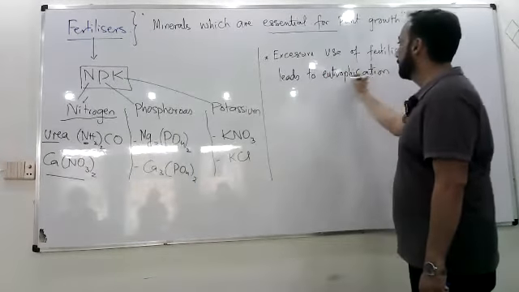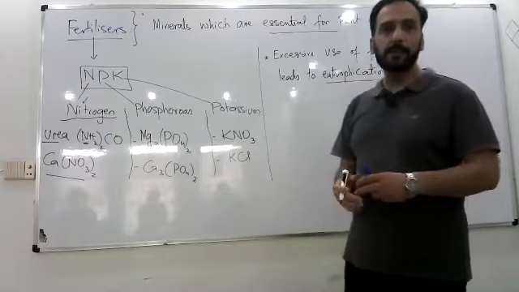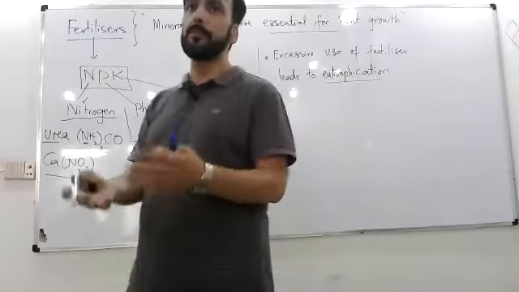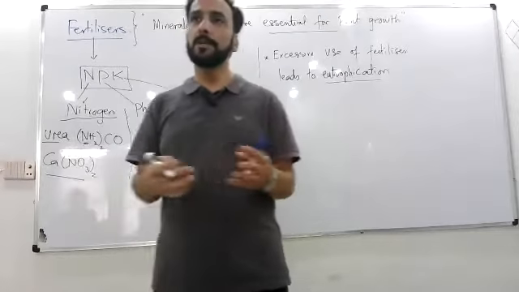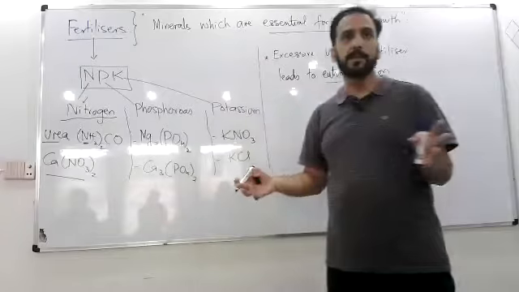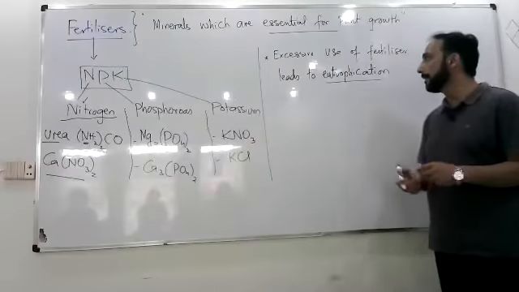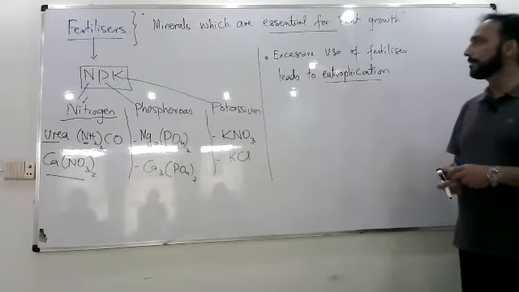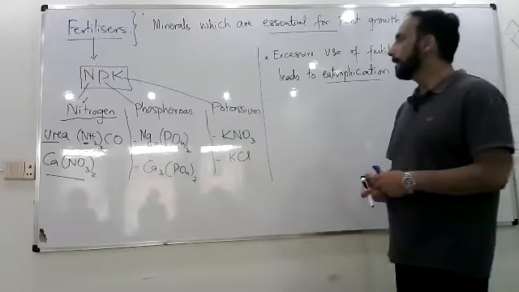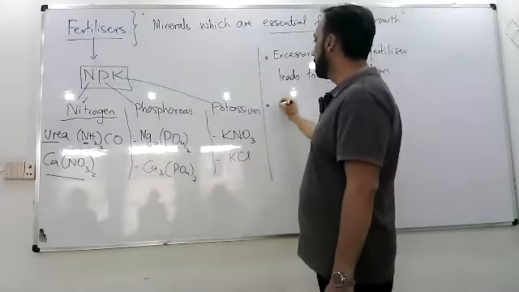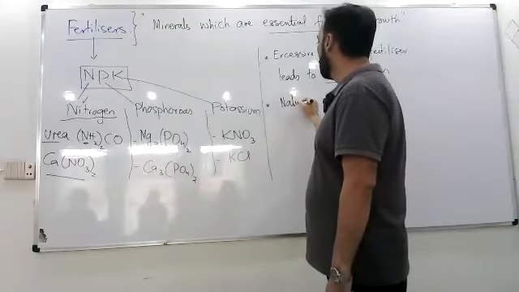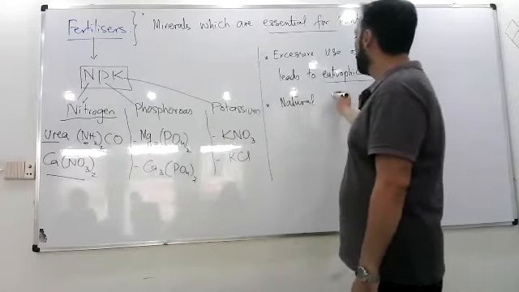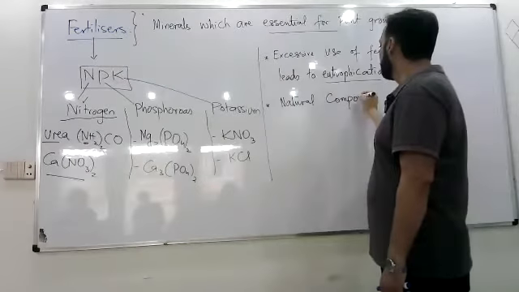I explained this yesterday. You might be using lots of extra fertilizers to get more and more crops, but naturally the water bodies in adjacent field areas get affected, and eutrophication is a common problem which we see with the excessive use of fertilizers. Besides this, the natural composition of soil changes.